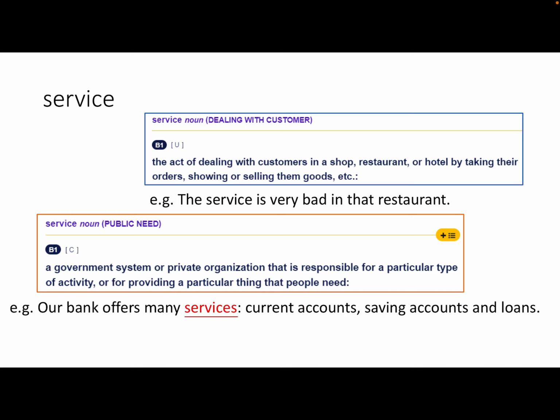Our bank offers many services: current accounts, saving accounts, and loans. This shows different services that the bank offers. The postal service is not available on Christmas Day. It is an example of a specified service.